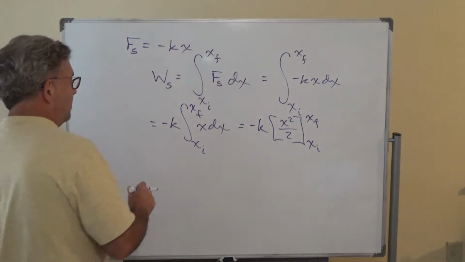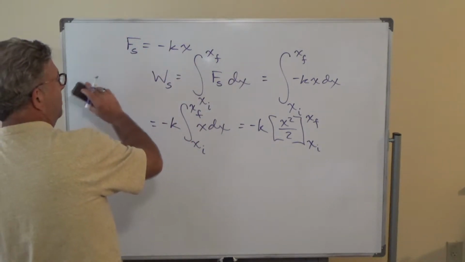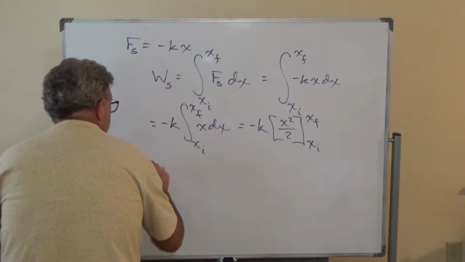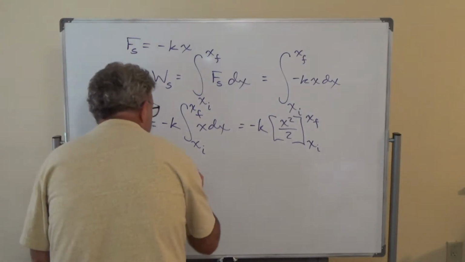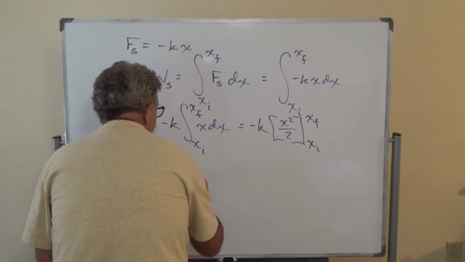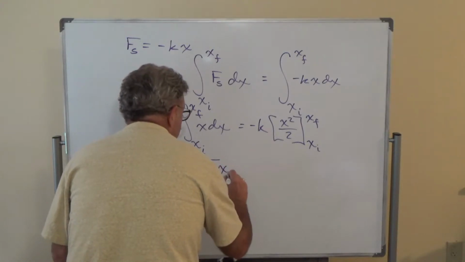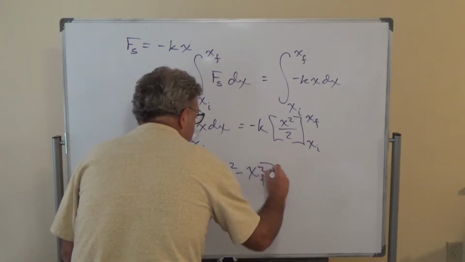Okay, so in the end, I'll write it down here. The work done by the spring is equal to 1/2 k times (x initial squared minus x final squared).